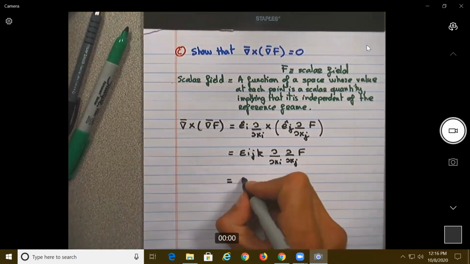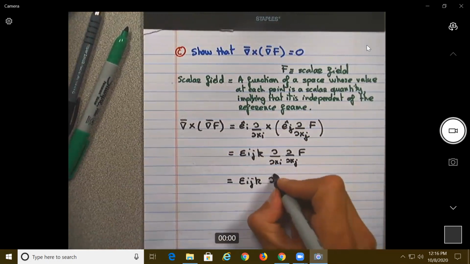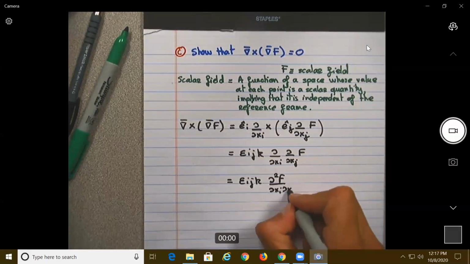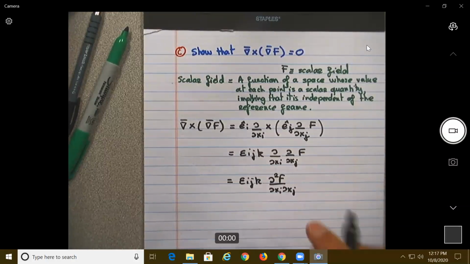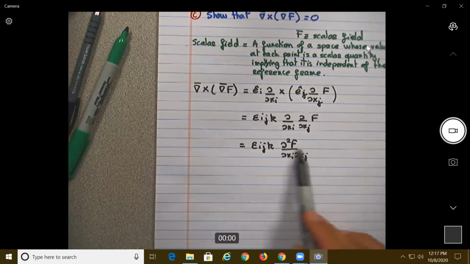Here the trick is to realize that this is equal to epsilon ijk, second derivative of f, of a sub i, x sub j.